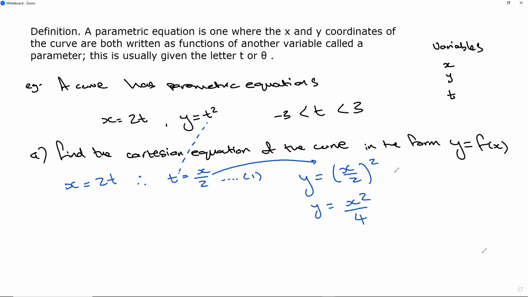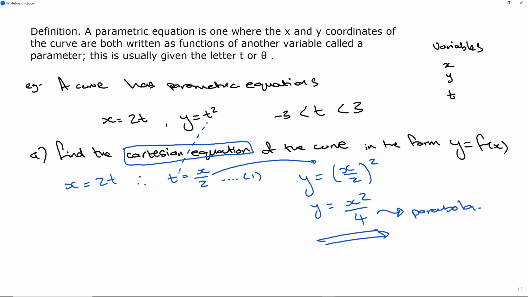And now we have the combined function, which is a quadratic in this case. So the Cartesian equation will be that, which is a parabola. We combined these two functions, that's how the x and y values will be changing. It ends up as a parabola.